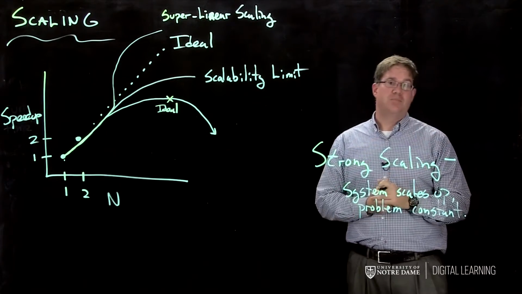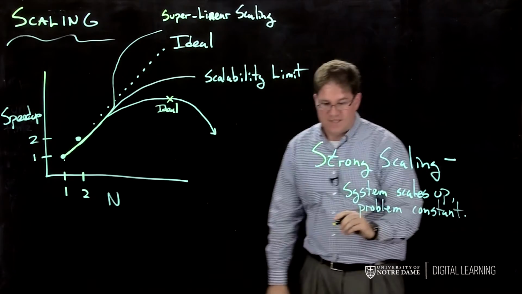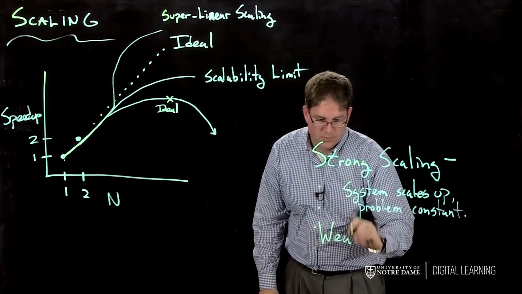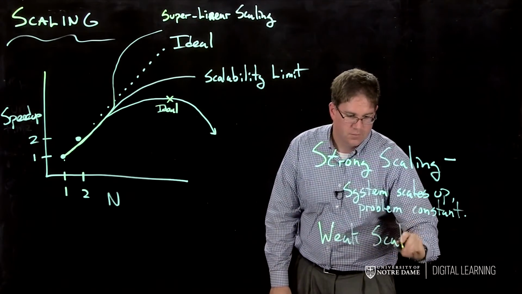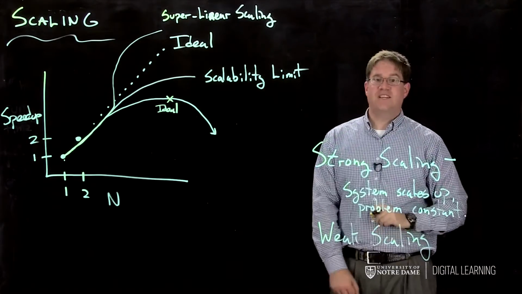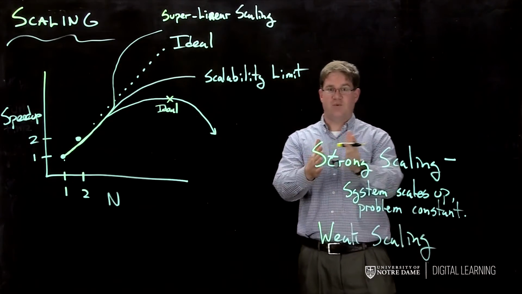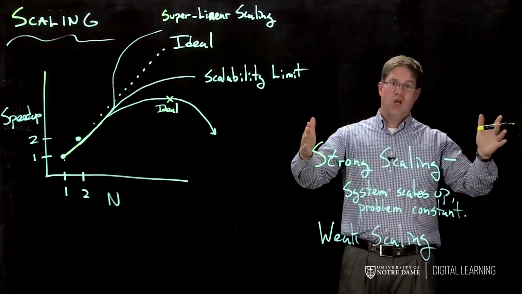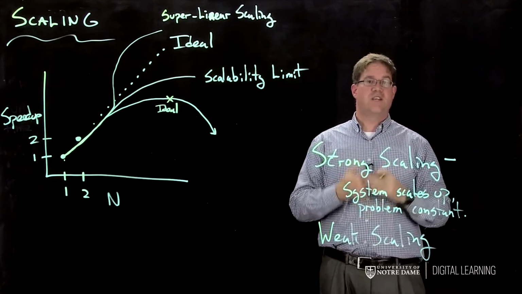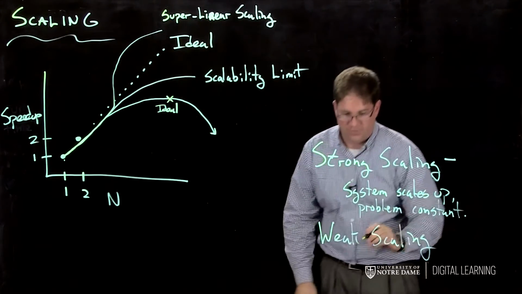Now, there are other problems that benefit from an analysis called weak scaling. And weak scaling is very similar, except that as we increase the system size, we're also going to increase the nature of the problem that we're trying to solve.